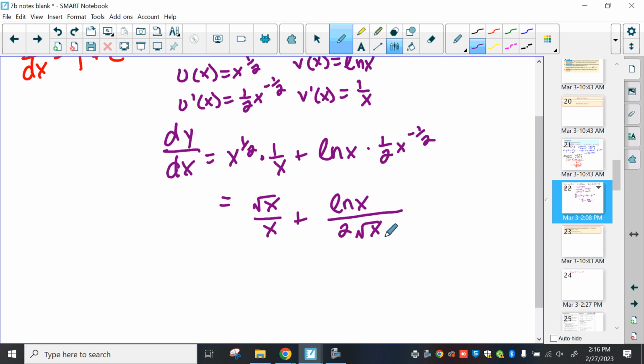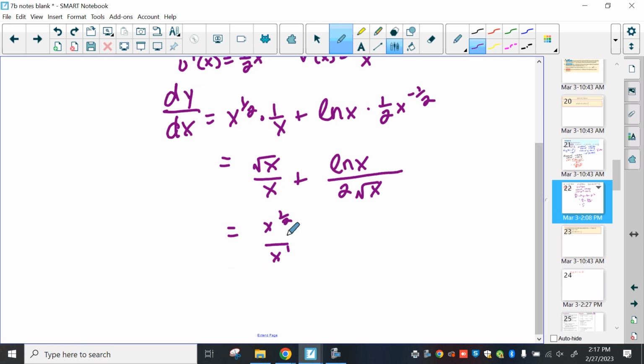And at this point, based on what we're working with, probably going to leave it as it sits unless it asks you to write it as a single fraction, especially because this here can simplify further. So this here is the same thing as x to the 1/2 over x to the first. When bases are the same, what do I do to exponents?